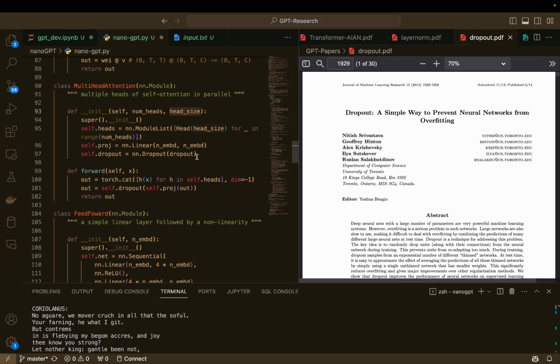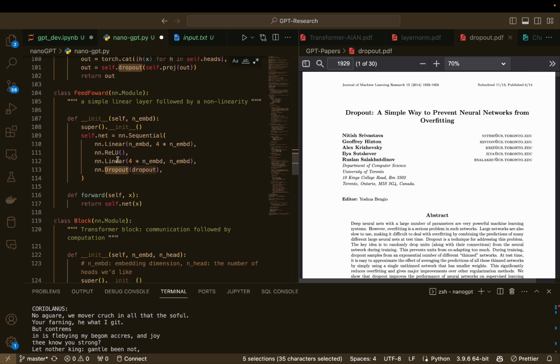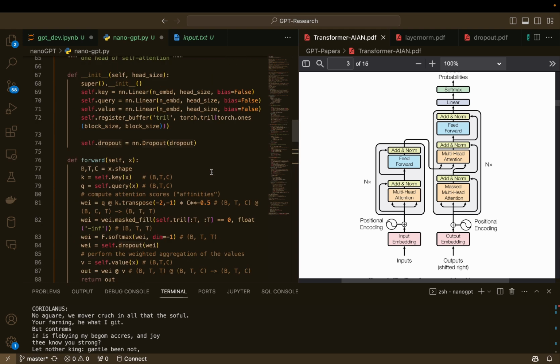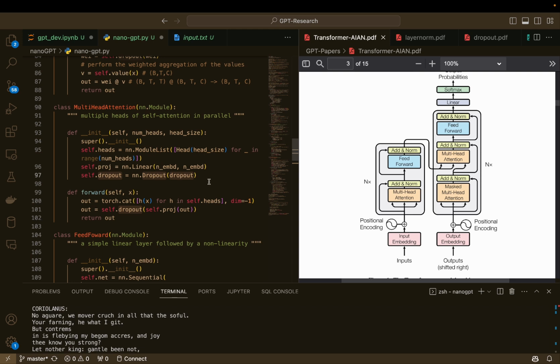These are usually in various key parts of the transformer. It's in the feed-forward layer, and it's also in the multi-head attention layer. So that's what dropout does. It just prevents the network from overfitting.